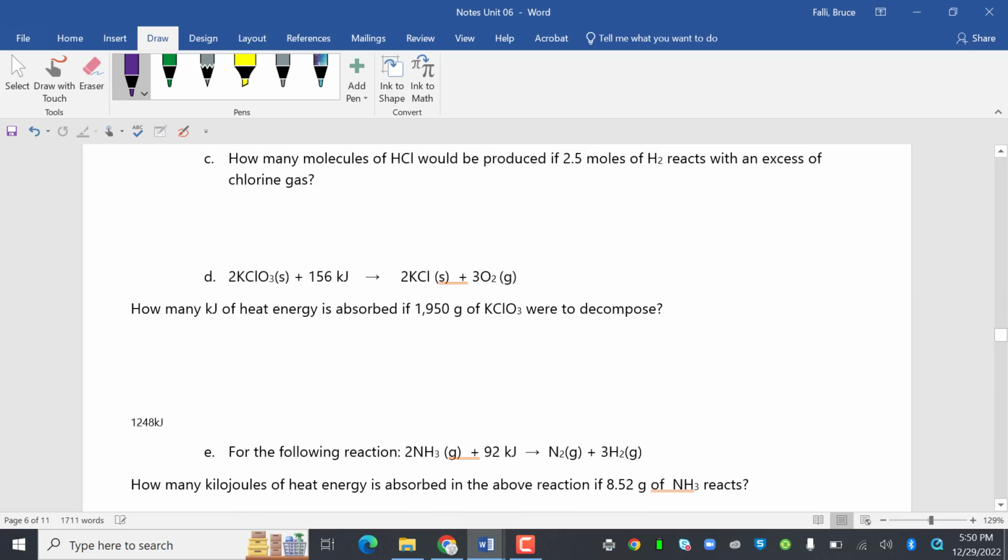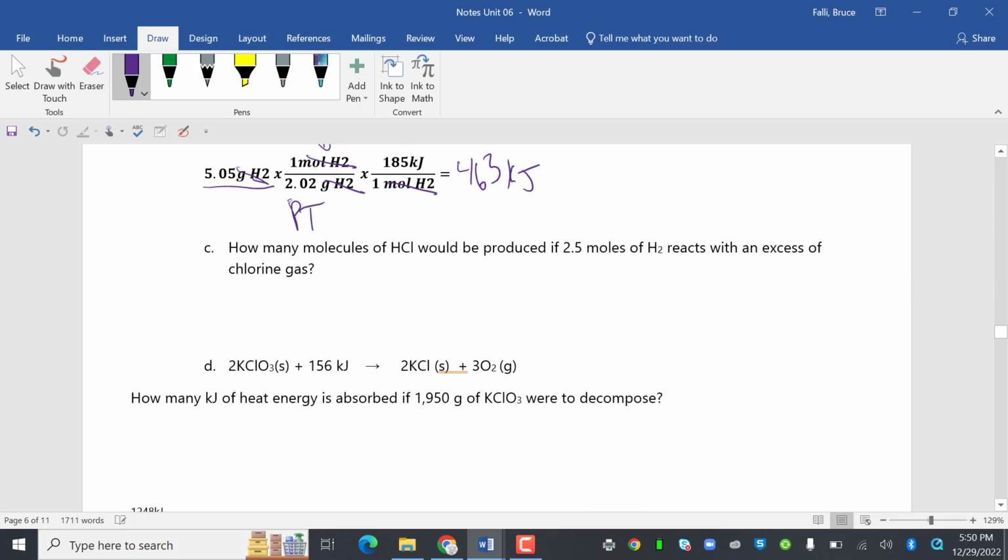All right. Oof. This doesn't end, does it? Let's see. We'll do 2 more. How many molecules of HCl will be produced at 2.5 moles? So let's go ahead and go through this. 2.5 moles of HCl, and I'm looking for molecules of HCl. Oh, this is just a review one. I tried to trick you.